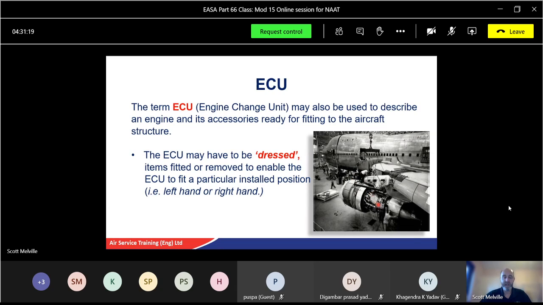Excuse me, we are not seeing the pictures here. Is there any problem? The one on the slide. Yeah, no, we can see it. Where my laser is now, yeah? Yeah, we can see the 747. Yeah, that's what I'm on about. Anybody not seen that? Khagendra, I have not seen it yet. Maybe your internet problem. Okay.